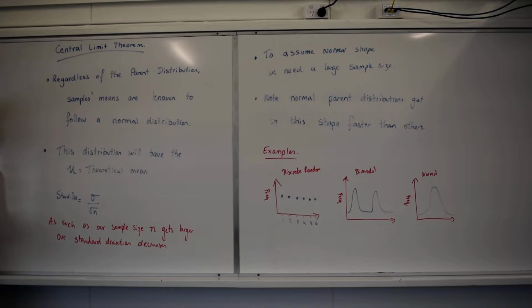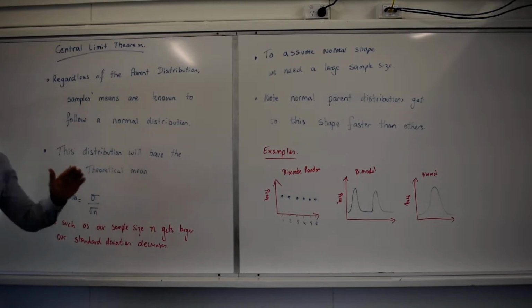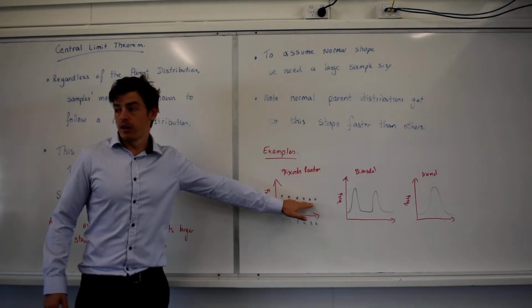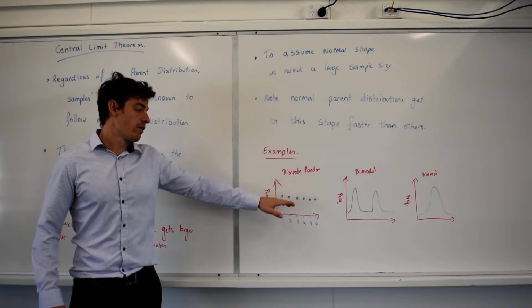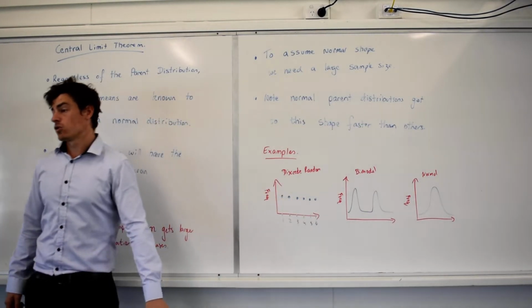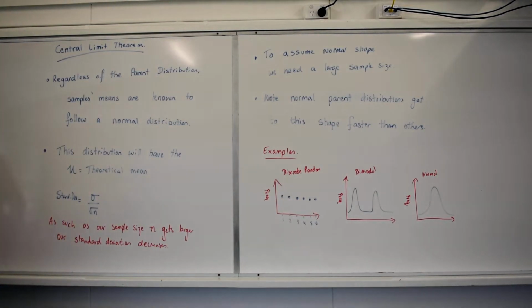I'd have to roll 5 ones in a row, correct? Whereas a mean of 3 is much easier to achieve. So what we would find is a normal distribution, even though our original population looks just like that. It's a discrete random variable. Sweet? Equally likely.